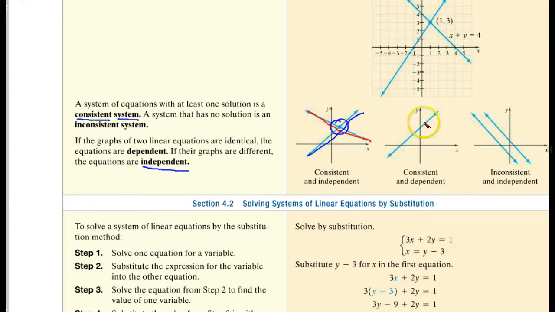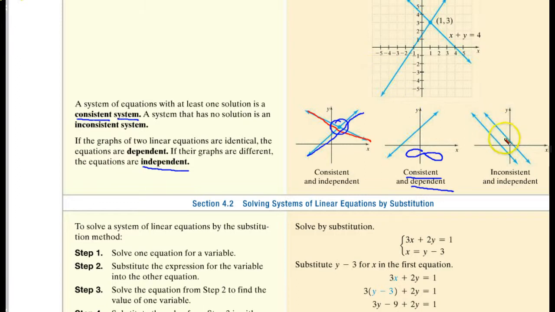Here, even though they may not have looked the same, when we do graph them, one line is on top of the other. So again, with at least one solution, it's consistent. And since they're the same lines, they are dependent. And remember, there's an infinite number of solutions.